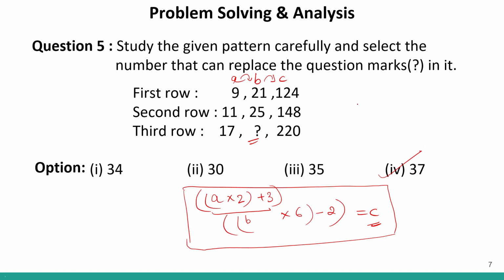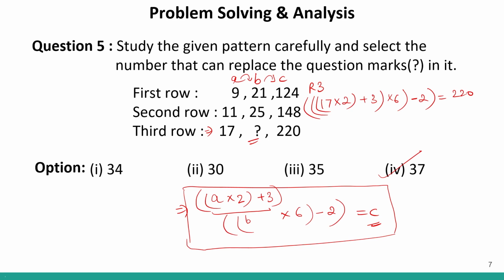So let me do it again quickly just for row 3. If I follow this logic, 17 into 2 plus 3, multiplied by 6 and subtracted by 2, will give me 220.